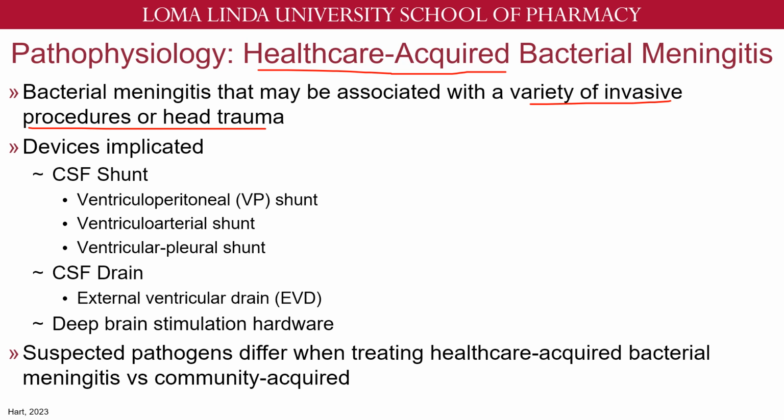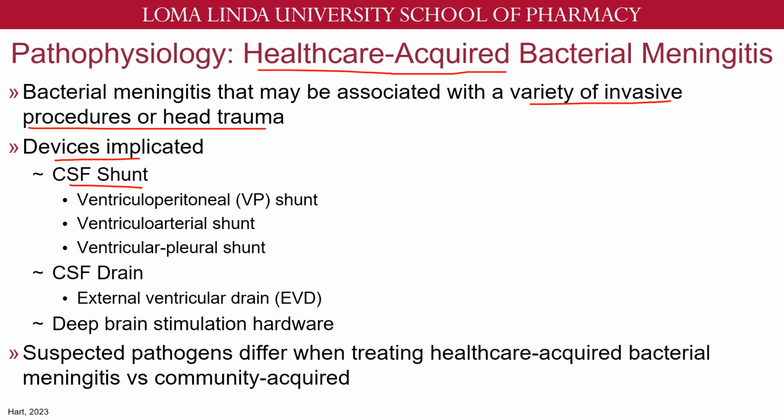This is someone who has maybe had head trauma, maybe from an accident, maybe some sort of underlying CNS dysfunction that requires them to have some sort of device. Some of the most common devices you'll see that can go into someone's CNS is something like a CSF shunt. We have a ventriculoperitoneal or VP shunt, ventriculoarterial shunt, or a ventricular pleural shunt.